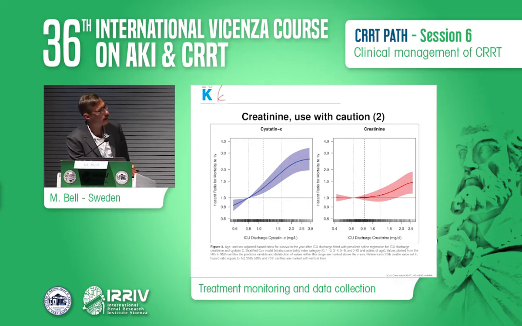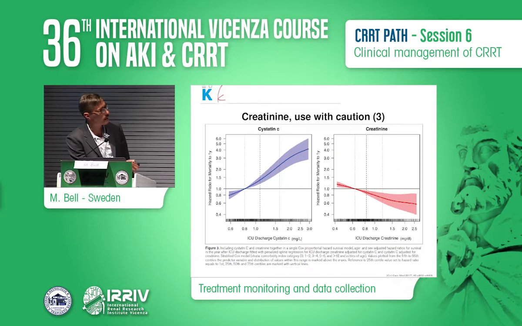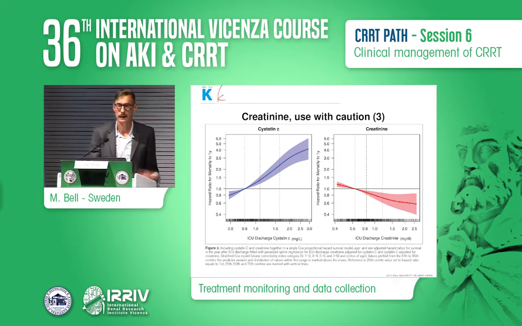Creatinine is similar. However, if we adjust the cystatin C curve for creatinine, nothing happens. But if we adjust the creatinine curve for cystatin C, i.e. removing the renal component and ending up with a measurement of muscle mass, you have an inverse curve. So if you look at creatinine in this sense, it's a marker of catabolism and muscle wasting.